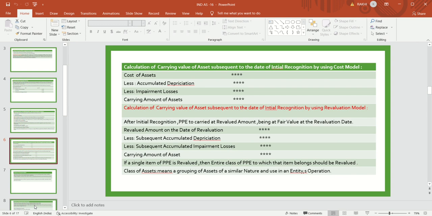Carrying value of asset subsequent to initial recognition by using the revaluation model. If the company takes into consideration the revaluation model, then what will we do?